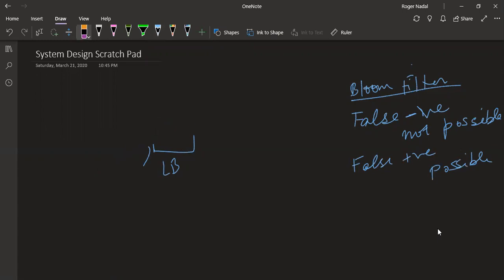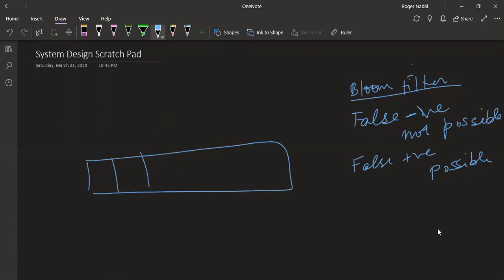How that works is not very complex, so we can go there. For example, just to understand, let's have something like a bit array, and you have a couple of hash functions. For simplicity, let's just take two hash functions, f1 and f2. Now take any word and hash it to one of the buckets.